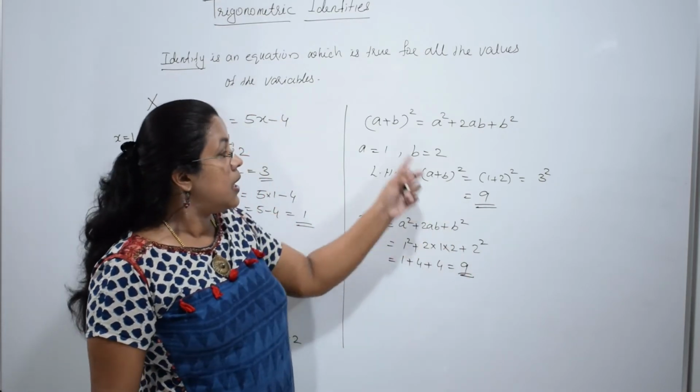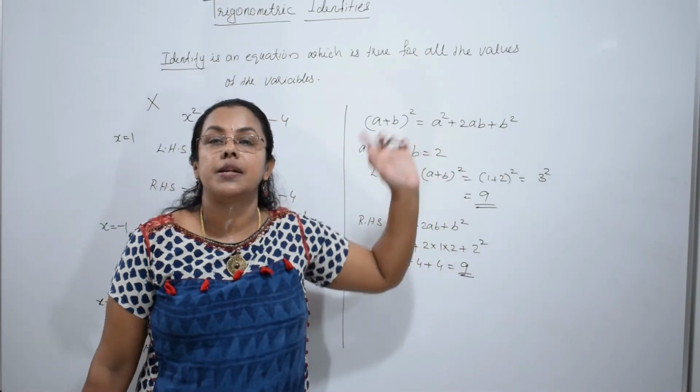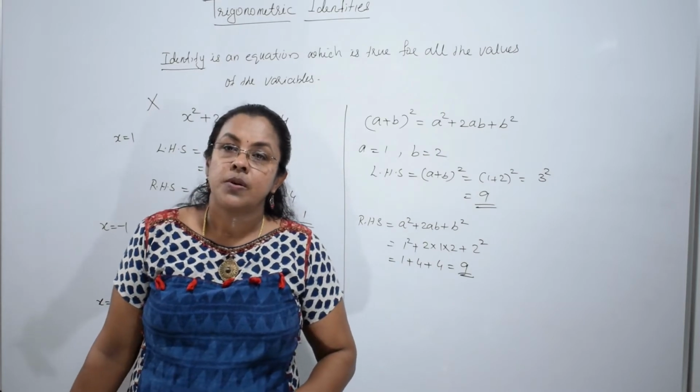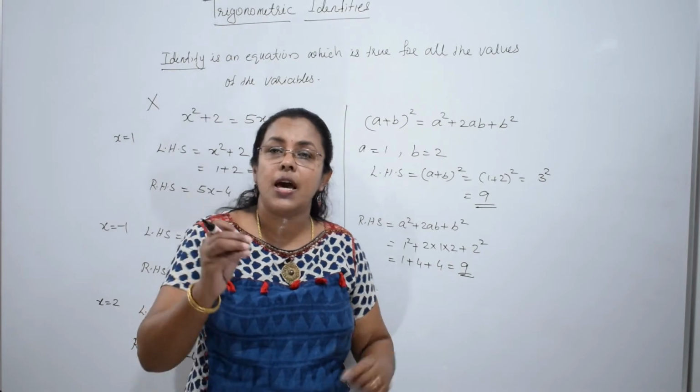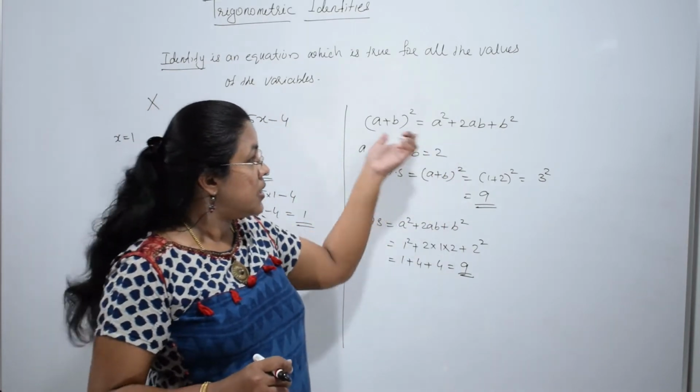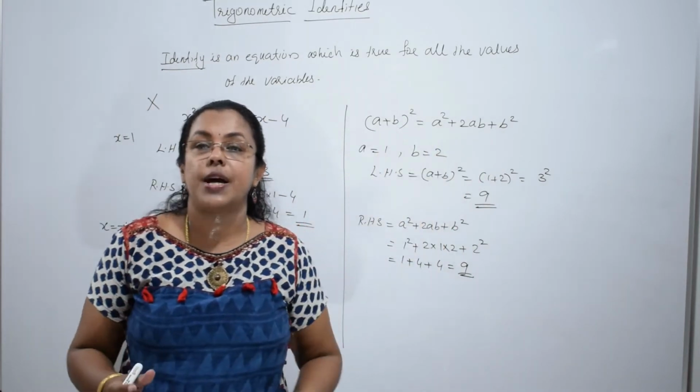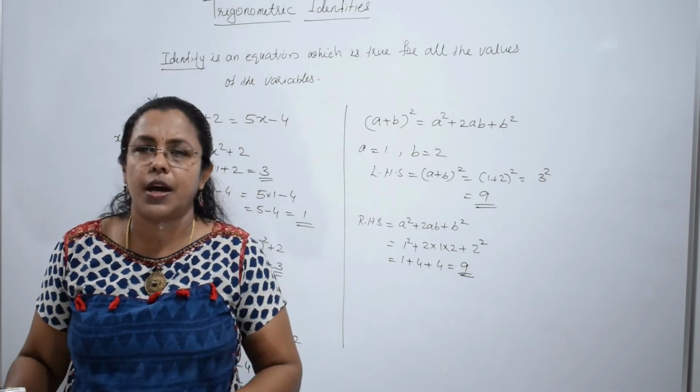That means the values of a and b satisfy this equation. If we put any value of a and b here, the left hand side will be equal to the right hand side, whatever be the value of a and b.